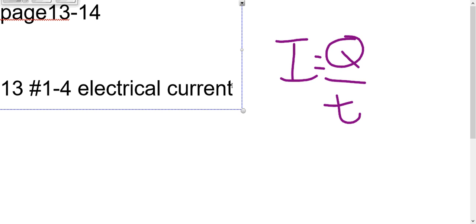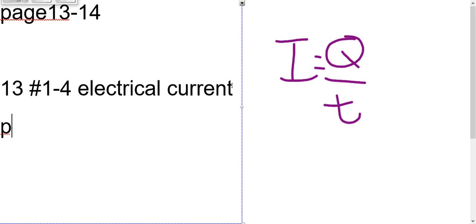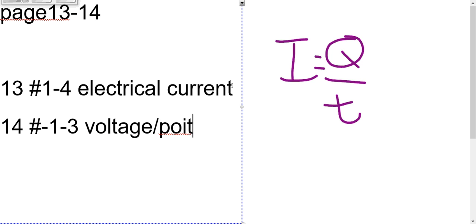Then once you're done that, you're going to practice potential difference. So that's page 14, numbers 1 to 3. And on those ones, that's going to be that voltage potential difference.